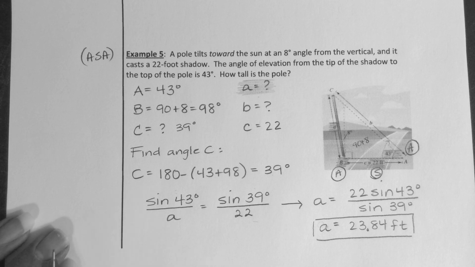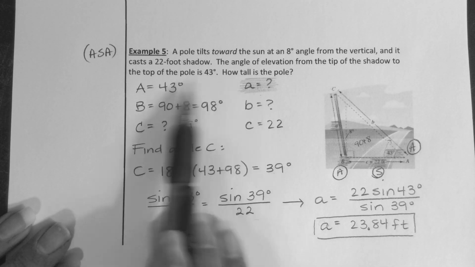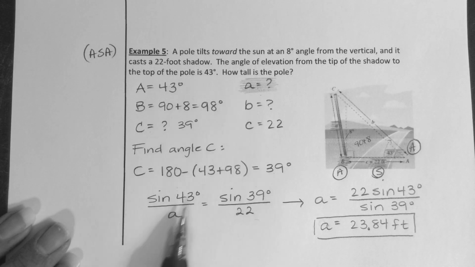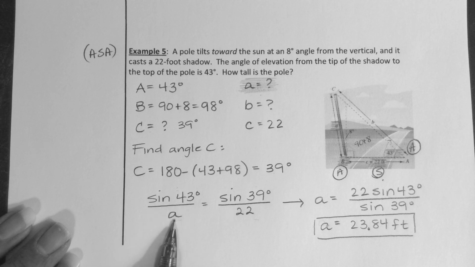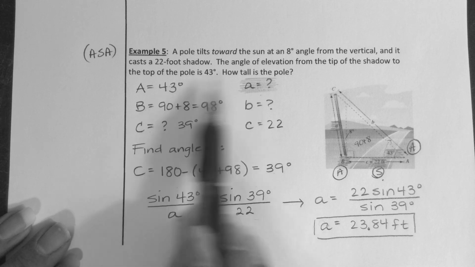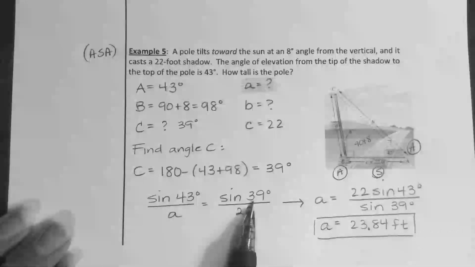So what do we do to solve for A? We have to pair these two up in our proportion, because I'm looking for A. So I did sine of 43 degrees over little a, because I'm looking for it. Now I have to decide whether to pair up the B's or the C's.